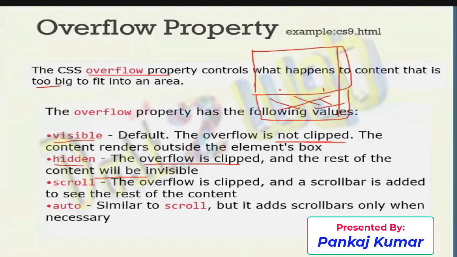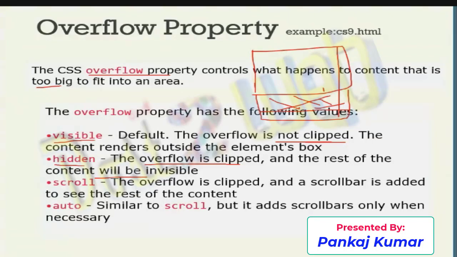Suppose you have more width content, then only the scroll bar will be added on the right side. If you have more content only on the height side, it will add the scrolling property only for top to bottom. Like this way it is there.